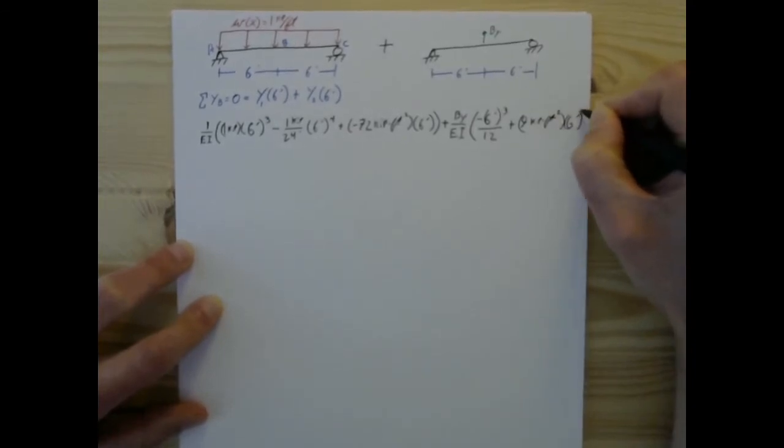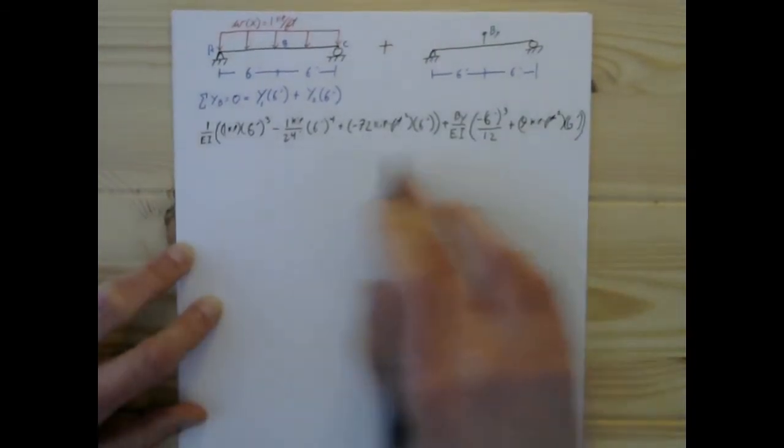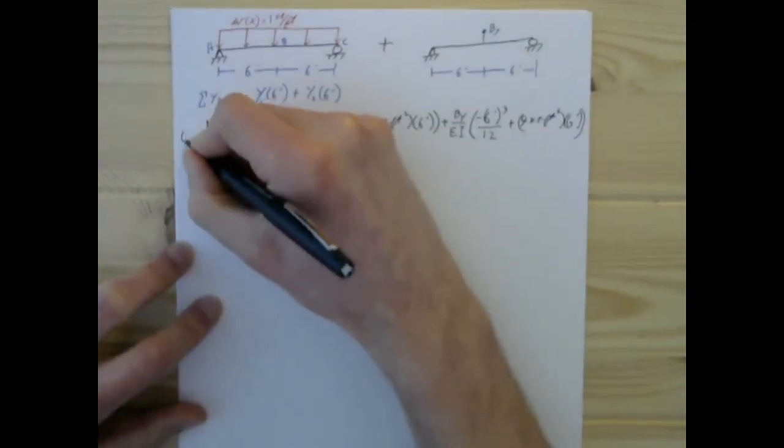Yeah, that's the right unit for deflection. Has to all sum to 0.